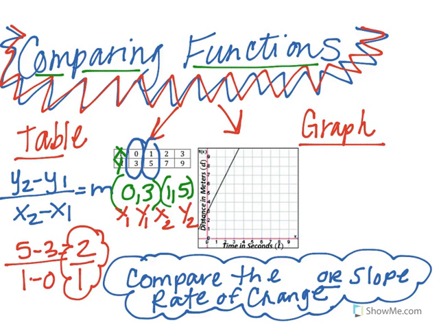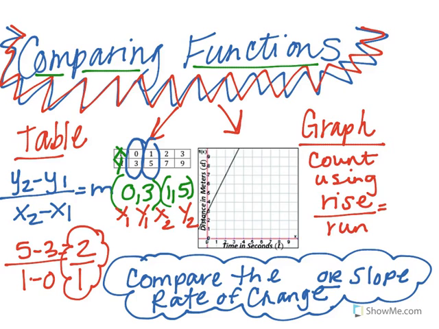To find the rate within a graph, you're going to count using what you know about slope and rise over run. So you would find where your graph intersects perfectly, and you would use rise over run.